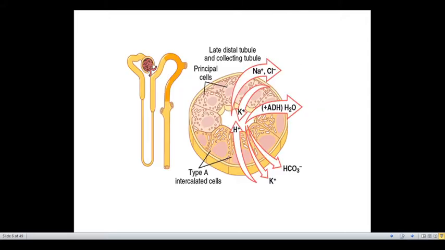This figure shows cellular ultrastructure and transport characteristics of the late distal tubule and cortical collecting tubule.